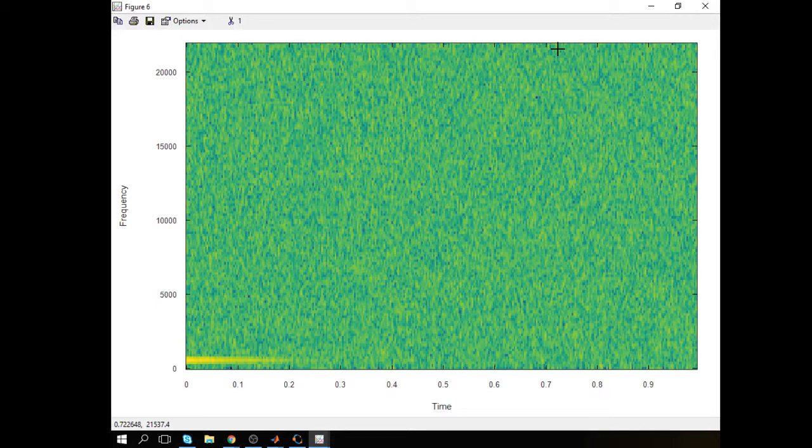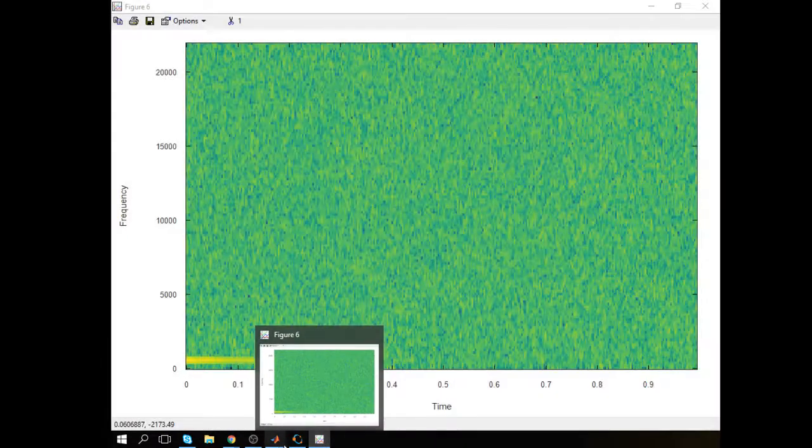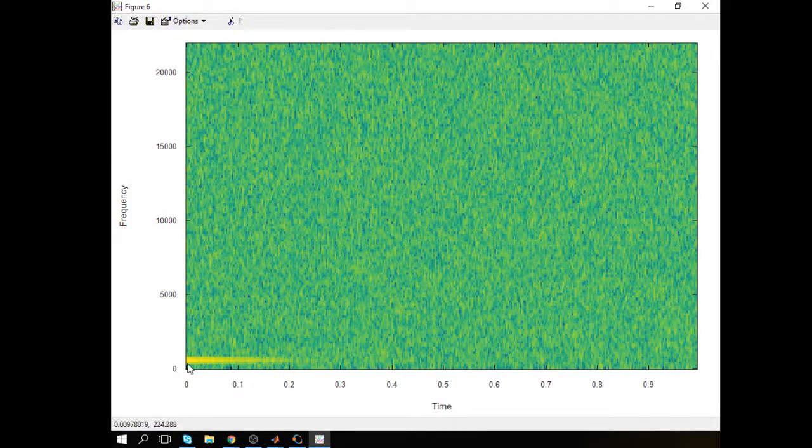And this one actually shows our, well, I think it was the 440 hertz frequency signal. Let me take a look. Oh, no, I don't have it anymore here. But anyways, that's my 440 hertz from Monday. Maybe.